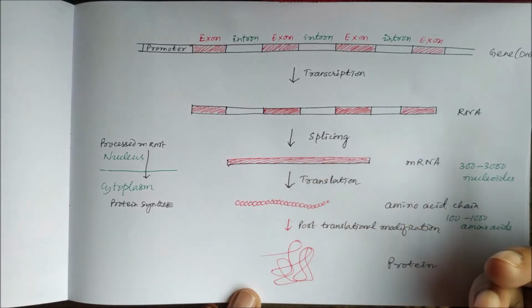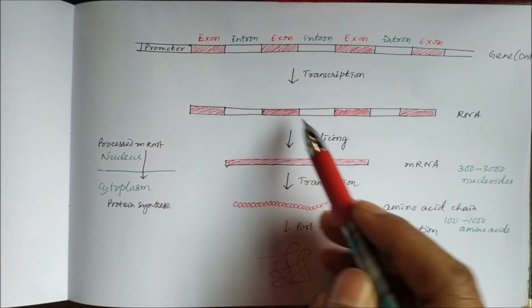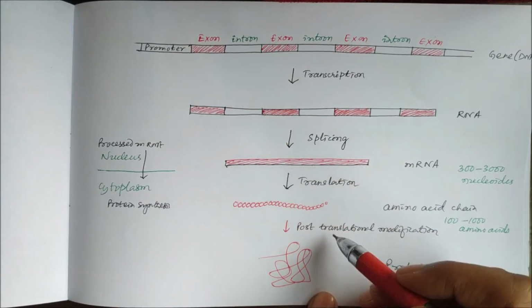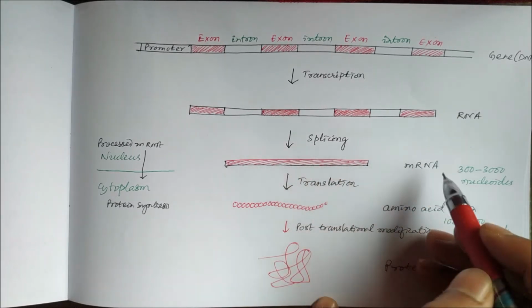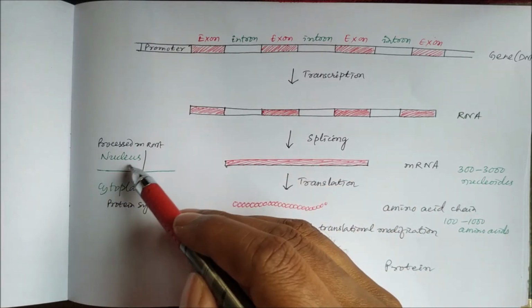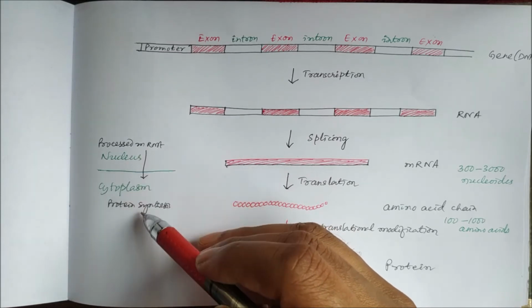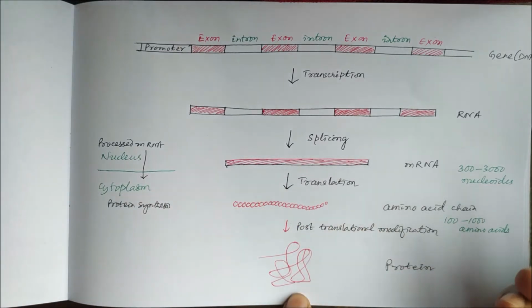So mRNA splicing is the process where the introns are removed and only exons will be available for the translation process. After splicing we call it the processed messenger RNA. Up to this it happens inside the nucleus, then through the nuclear pore it will come out into the cytoplasm for protein synthesis.